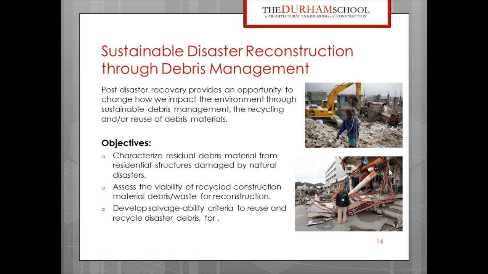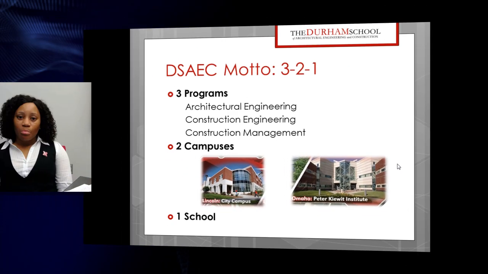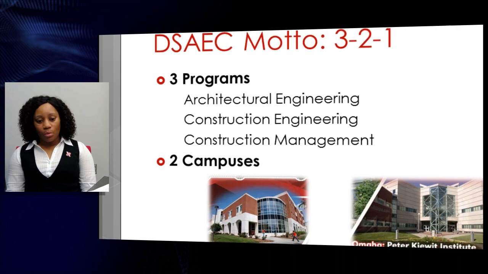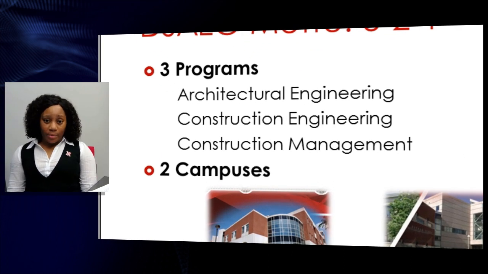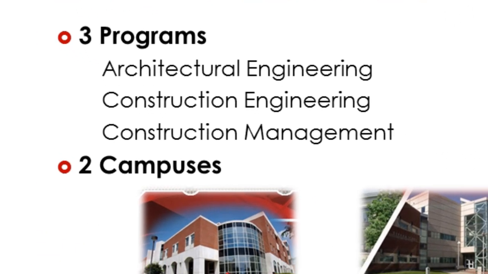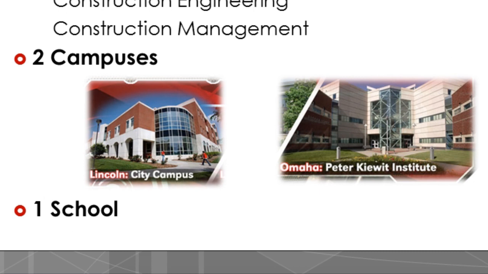Now, as I mentioned earlier, I'm a part of the Durham School. The Durham School's motto is 3-2-1, which means 3 programs, 2 campuses, 1 school. The 3 programs that make up the Durham School are architectural engineering, construction engineering, and construction management. We offer these programs on 2 campuses.